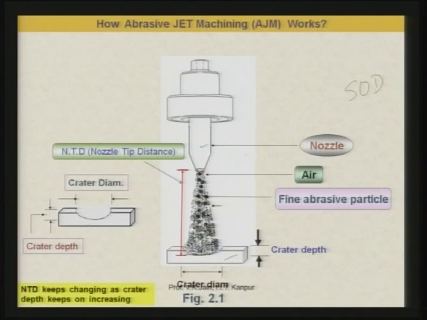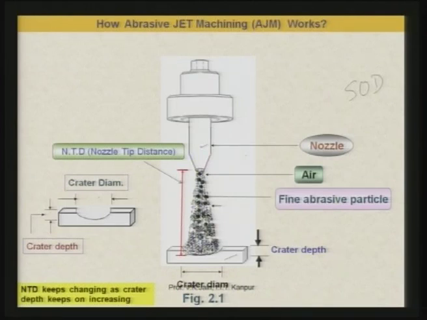As we see here on the left side, the depth up to which the abrasive particles have penetrated the workpiece is known as crater depth, and the width to which it is removing the material from the workpiece is called crater diameter. Normally, depending upon the shape of the nozzle, it can be a circular shape, then you will call it a diameter. It can be some other shape, then accordingly you will have to call it the width of the crater.